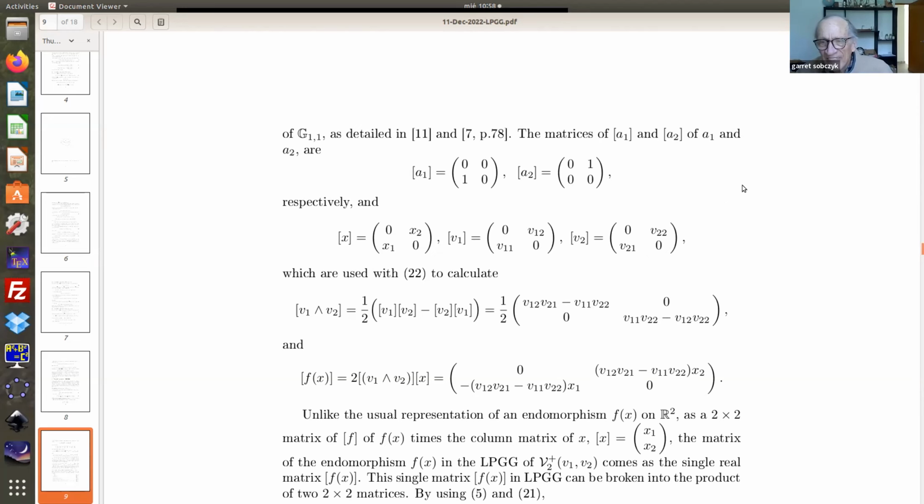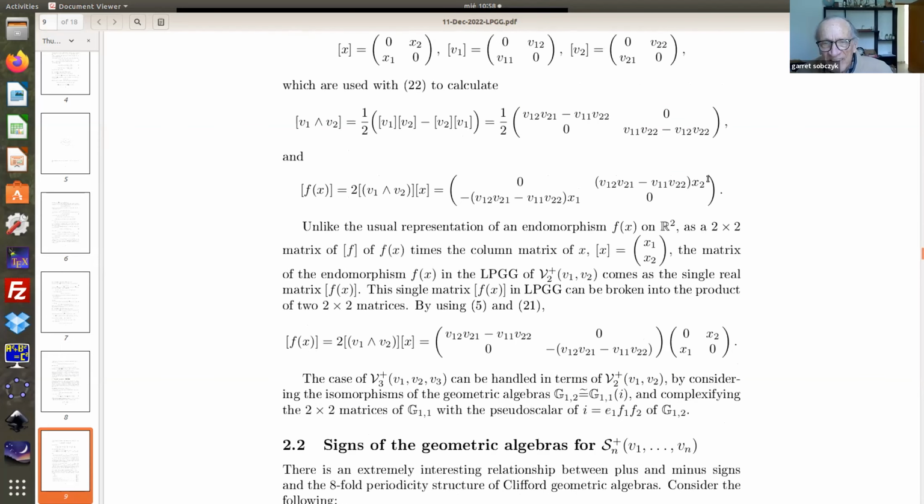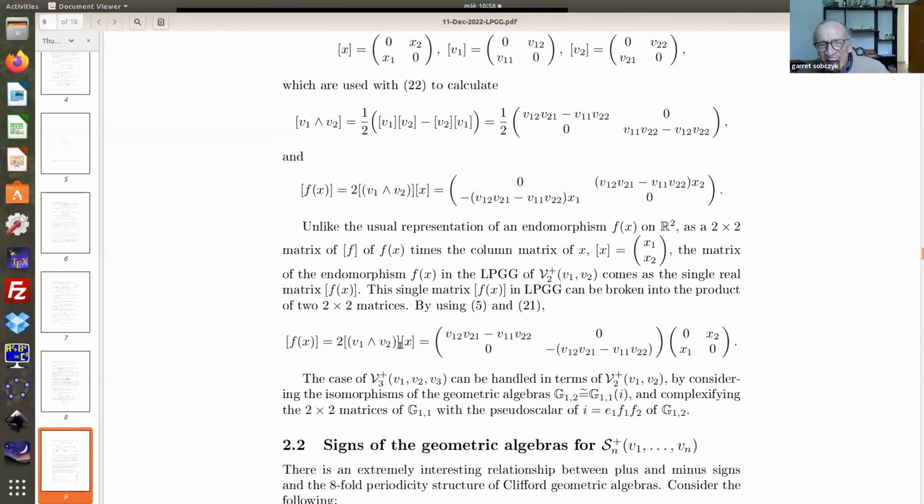Now, the interesting thing about that representation is this linear transformation. Notice that the vector is not a column vector anymore. It's a 2 by 2 matrix, 0, 0, x1 and x2.